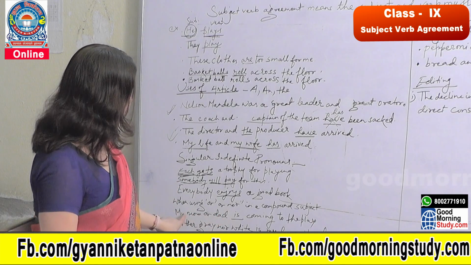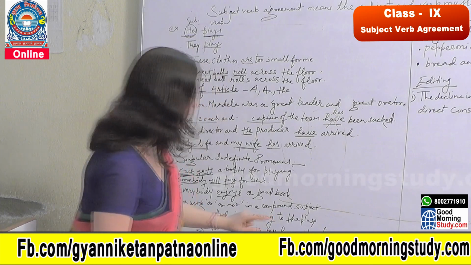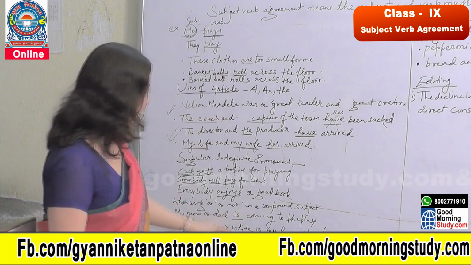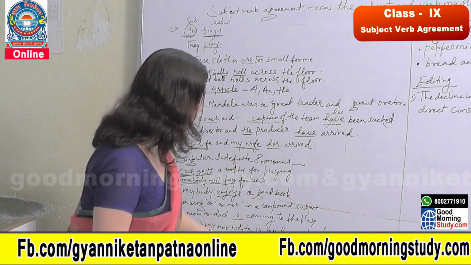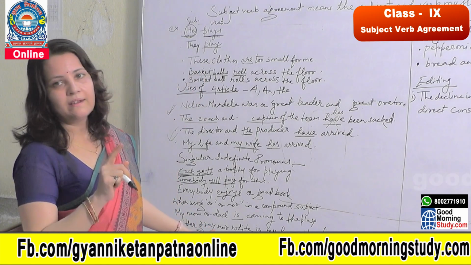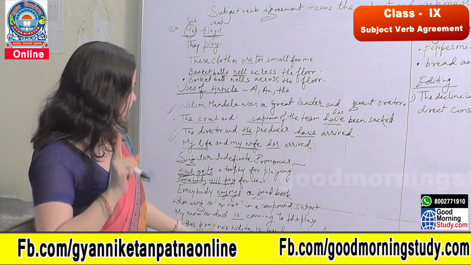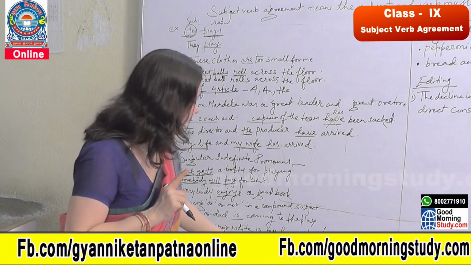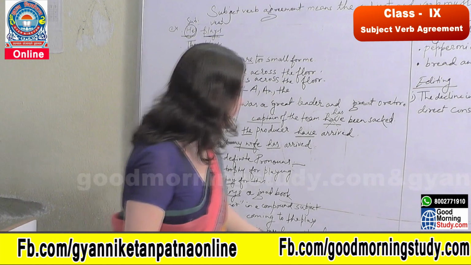So it will go, my mom or dad is coming to the play, not are coming. Here also, neither grey nor white. Neither grey, nor white. We are talking about one, that's why it will go "is". Neither grey nor white is my favorite color.